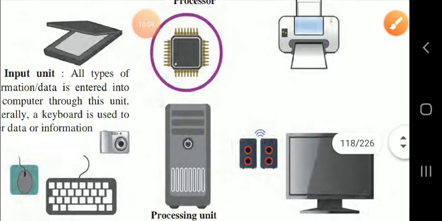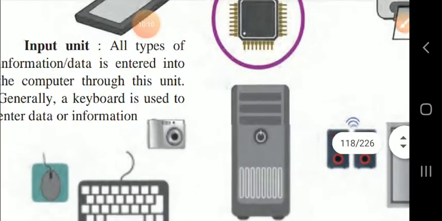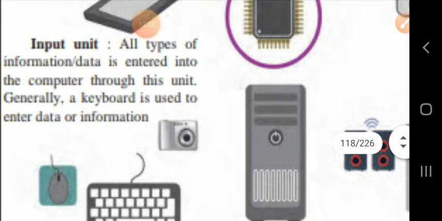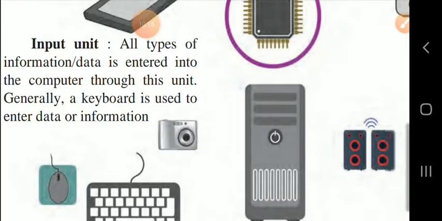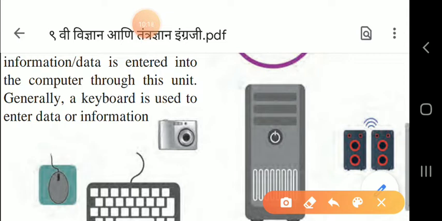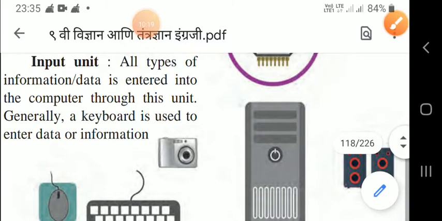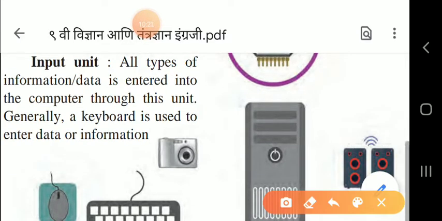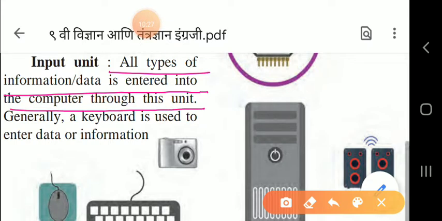Here you can see some pictures. Here first of all we'll see the input unit. Already I told you about the input unit. What is the input unit? All types of information or data are entered into the computer through this unit. Generally a keyboard is used to enter the data or information.